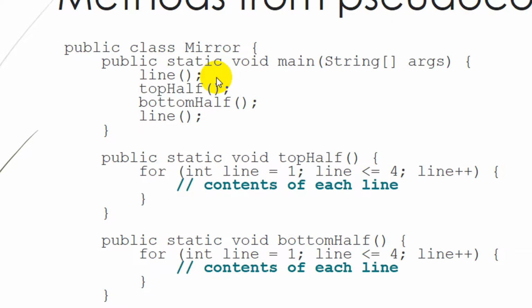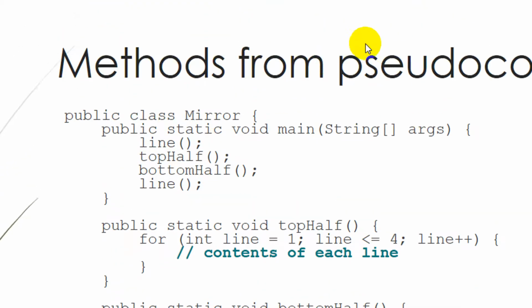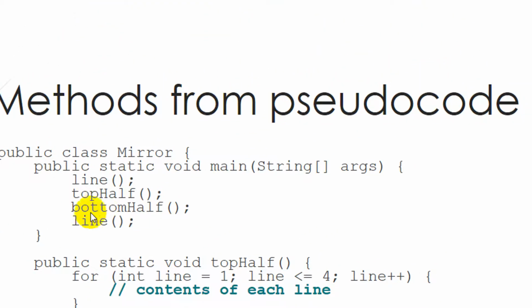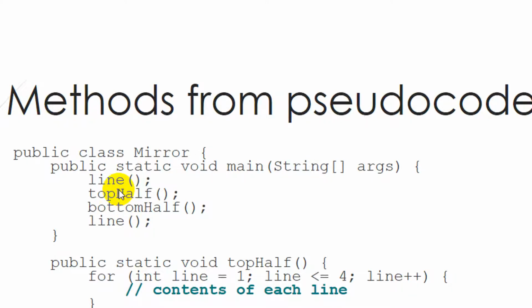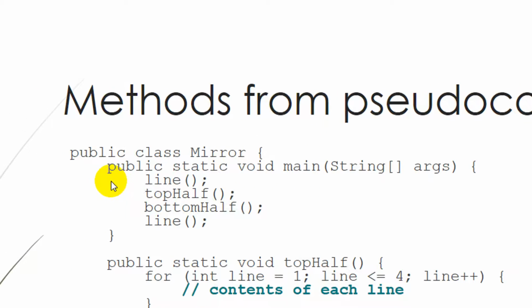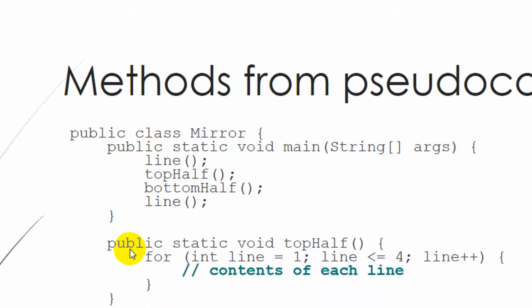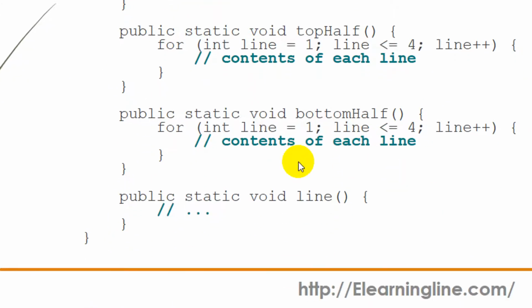So now you are creating methods from the pseudocode. Remember, every time your Java program starts execution, it will look for a main method. As soon as it finds the main method, it will start executing statement 1. So it will jump here and execute this.